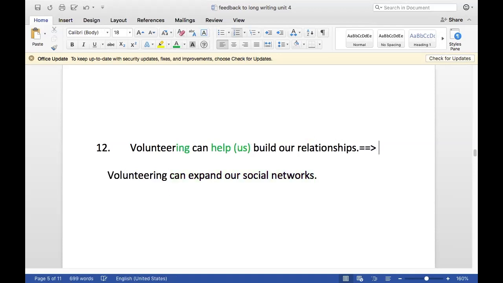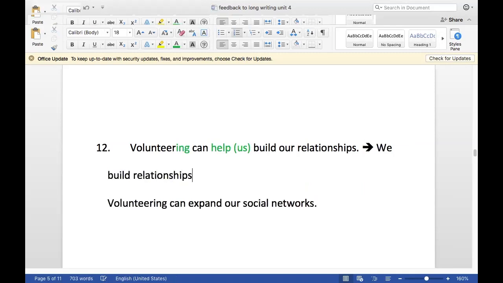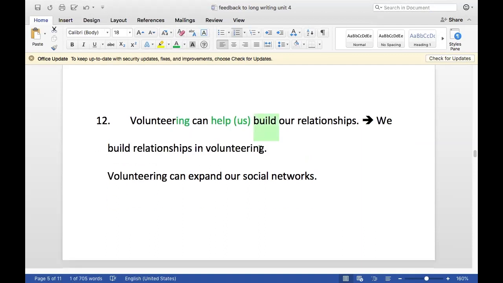We build, so they help us build. Friendships, right? We build friendships in volunteering, right? So volunteering helps us build, not volunteering builds. But volunteering can expand, okay? It can expand our networks.